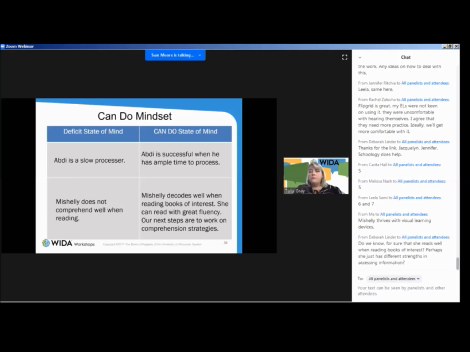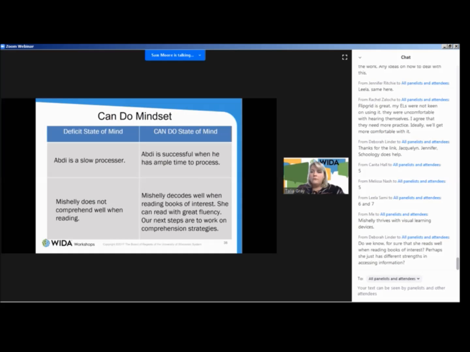And the responses on the right really stem from what we're trying to get at, which is having that personal knowledge of your students. It's not something that, as outsiders, we could have made that judgment, that she is strong at reading books of interest, because we didn't have that information.